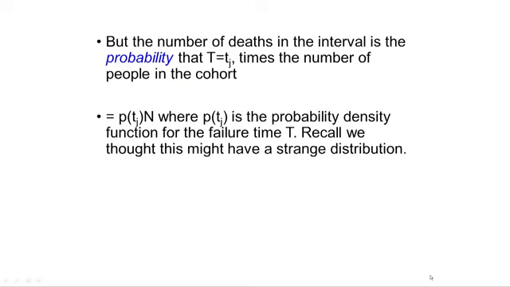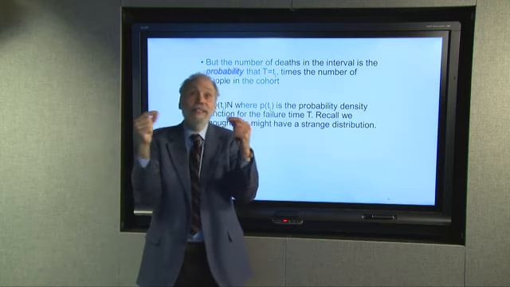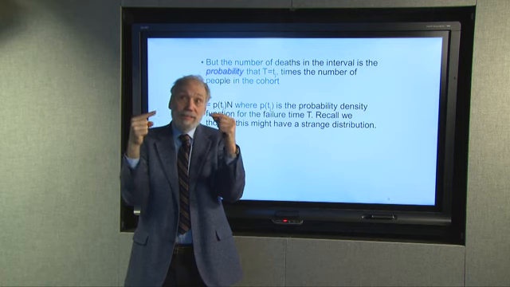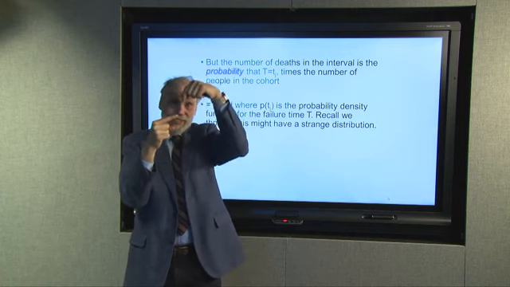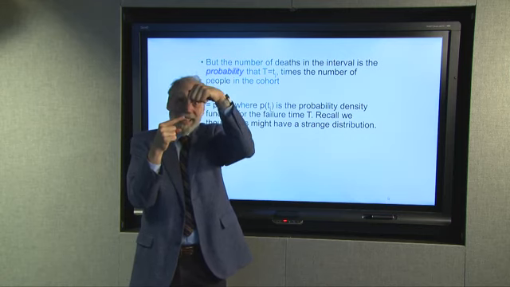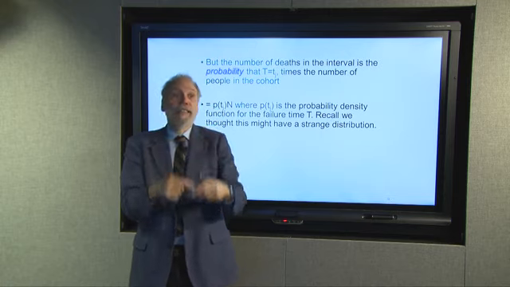But if it's a small time interval, then the number of deaths in that interval is just the probability of dying at time t sub j. Right? In the limit as dt goes to 0, the probability of dying in that time interval is just getting closer and closer to one number. It's the probability of dying at that age.